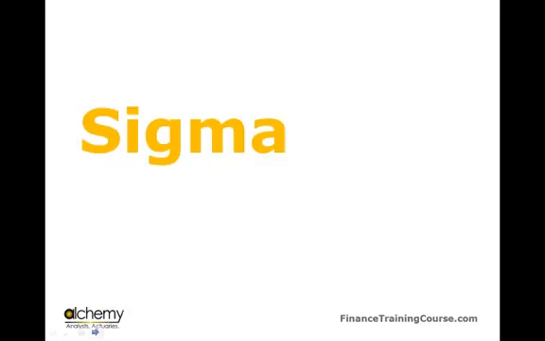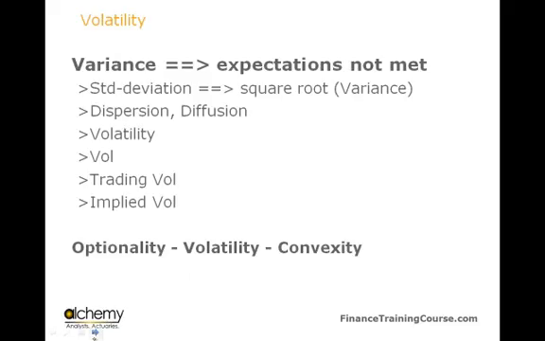So the core concept is sigma, and we have a range of definitions that we use when it comes to sigma. The first is variance, that the expectations are not met. Standard deviation is simply the square root of variance. If you pick up a textbook on financial modeling or on quantitative mathematics that is written by a PhD, you will see that they use the words dispersion and diffusion rather than variance and square root, right?